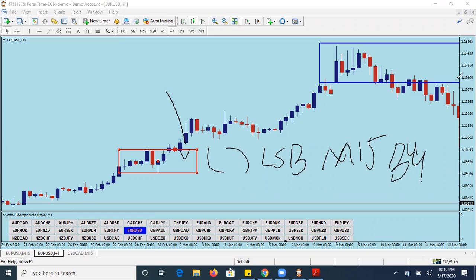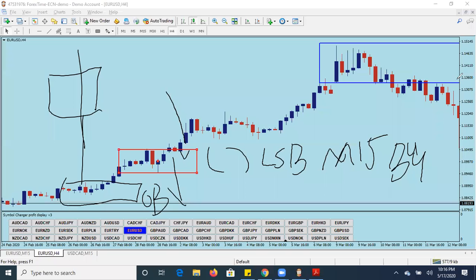However, we would also have at the back of our mind that because it's a weak OB, price could just pierce through it and go to test the strong order block there. In fact, it might not be a full candle, it might just be a wick, right? So you could just see something like this with a very long wick. It happens many times, right?